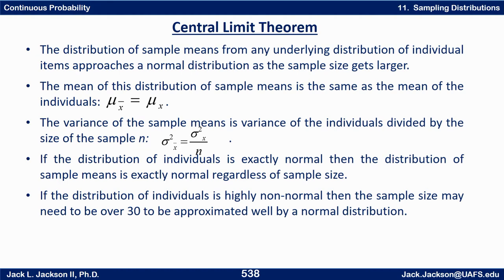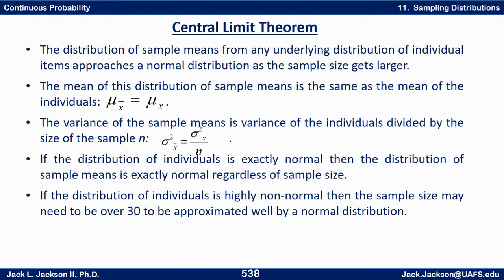If the distribution of individuals is exactly normal, then the distribution of sample means is exactly normal regardless of the sample size. But if the distribution of individuals is highly non-normal, then it may take a larger sample size for the distribution of sample means to be approximated well by a normal distribution, say over 30.